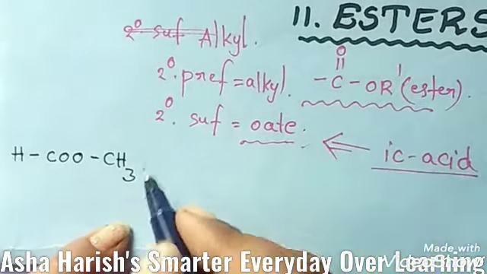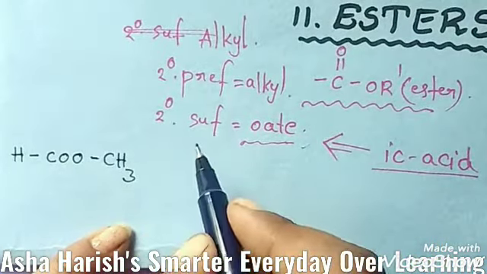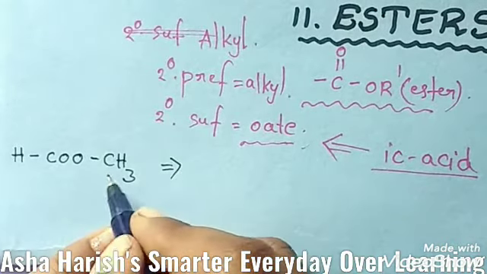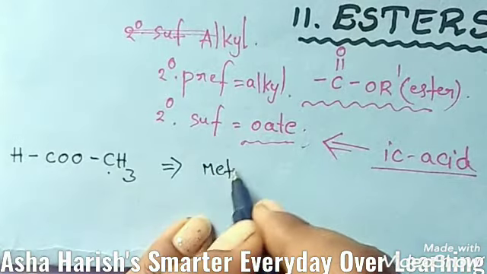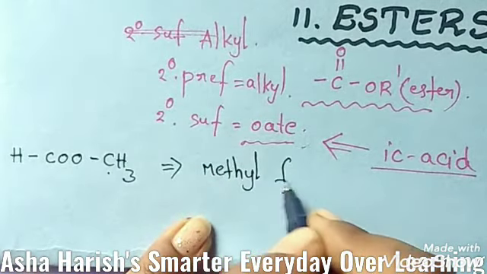HCOOCH3. This is the chemical formula of a compound, and what is the common name for this? Here you can see only one methyl group, so that name should be methyl formate.